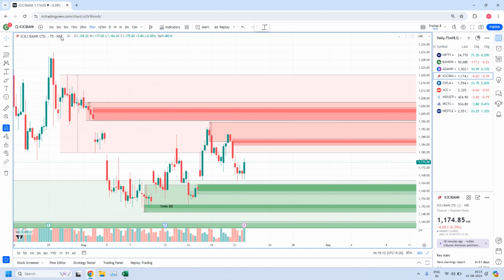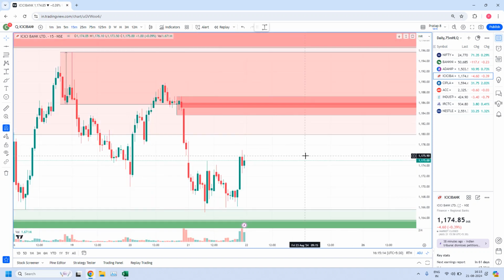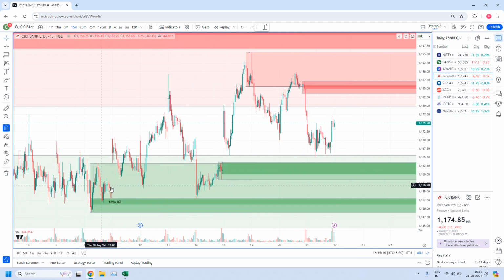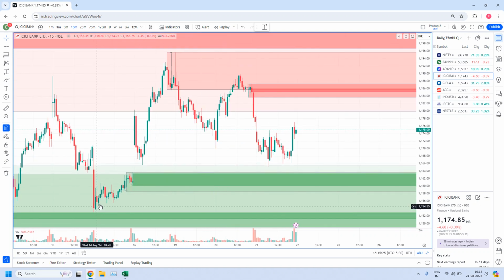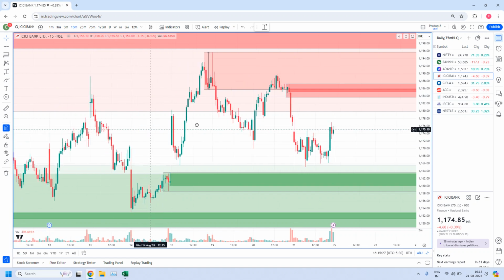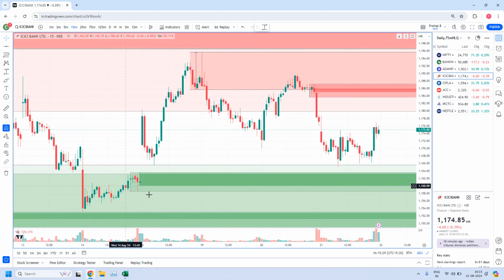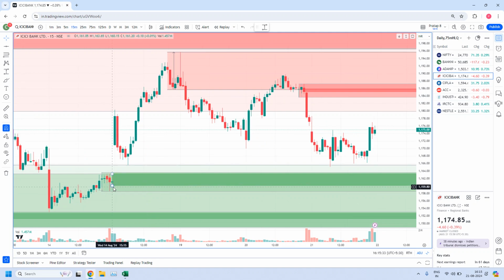So in this 75-minute zone, the 15-minute zone was recently created. This we already fine-tuned earlier and we took a trade here in this 1 minute zone. At that time we got a good profit. So on that day, during that live market, a new zone was created. Now anyway, it is end of the day data, not the live market, for yesterday.